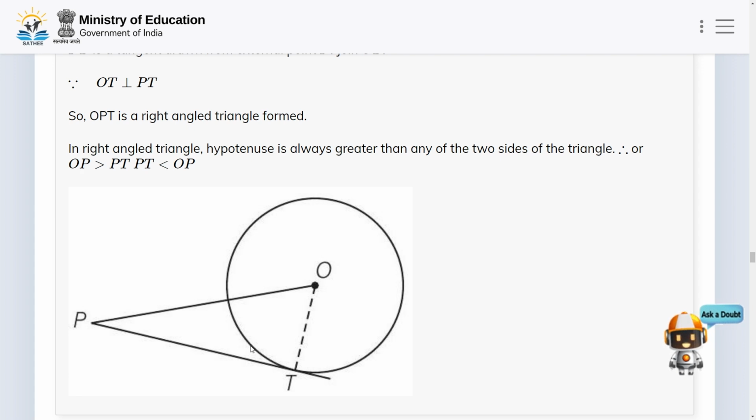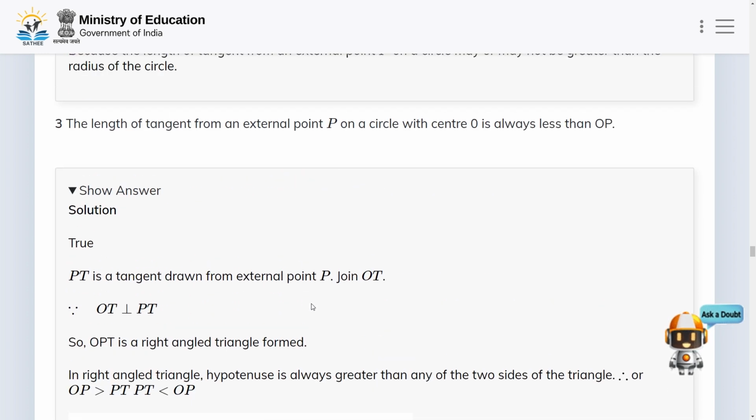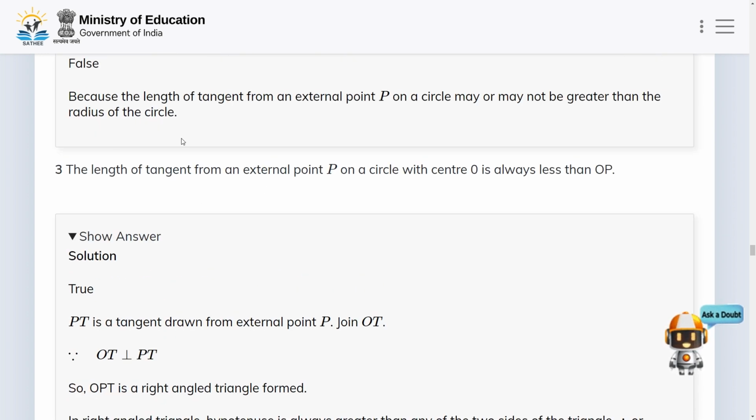In a right angle triangle, the hypotenuse is always greater than either of the other two sides. So OP is greater than PT, and PT is less than OP. So the length of tangents from an external point P on a circle with center O is always less than OP. So the statement given in question number 3 is a true statement.